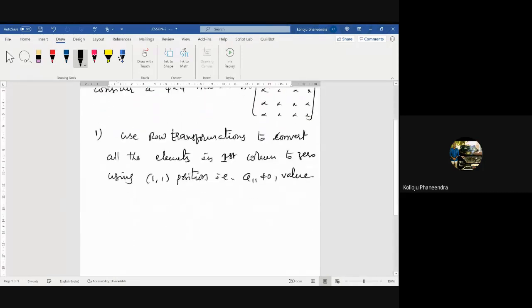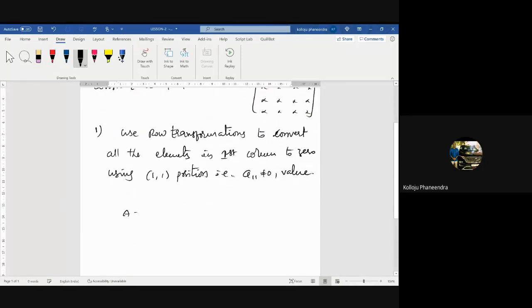Okay, what is the meaning here? Then matrix A is reduced to what? This is a non-zero element. There is no change in the first row. All the elements in the first column and the second row, not the first row. First row you keep as it is. Now reduce this position to 0, this position to 0, this position to 0 using row operations.